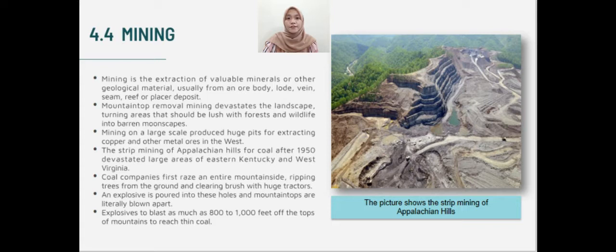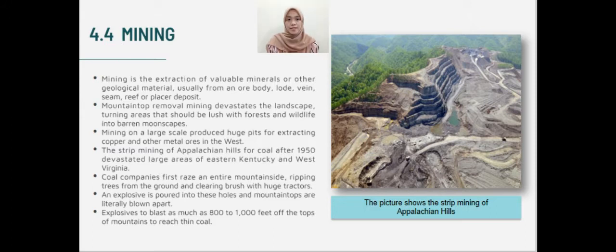Up to 1950, the strip mining of Appalachian hills for coal devastated large areas of eastern Kentucky and West Virginia. So, how is it done? The coal companies first raze an entire mountainside, ripping trees from the ground and clearing brush with huge tractors. As explosives work into this hole, mountain tops are literally blown apart.